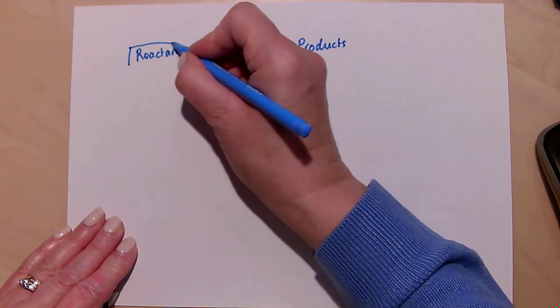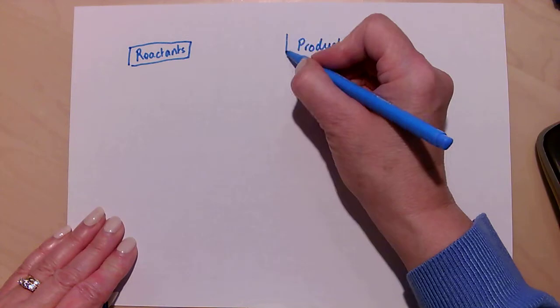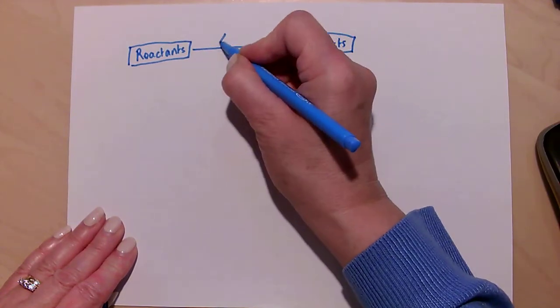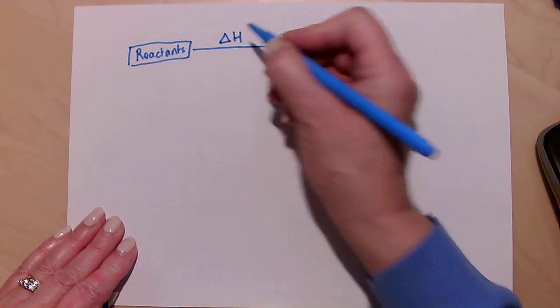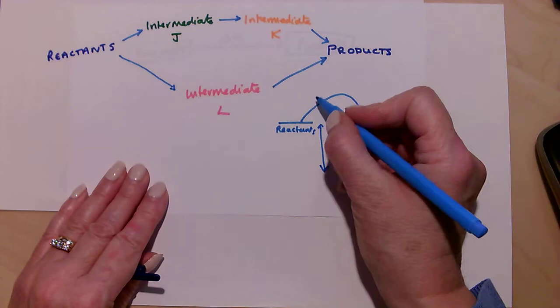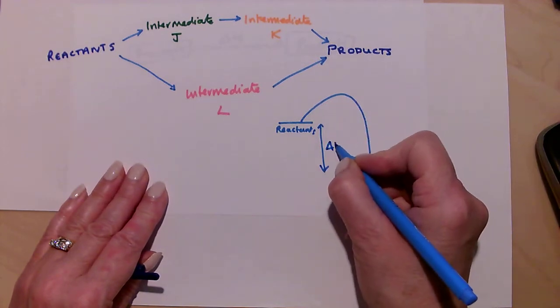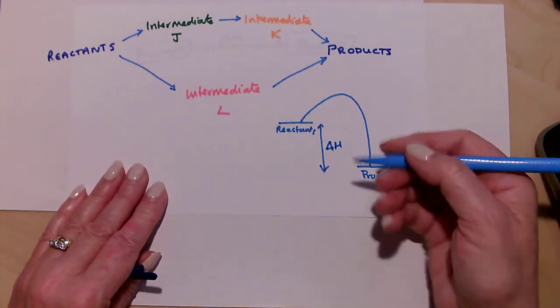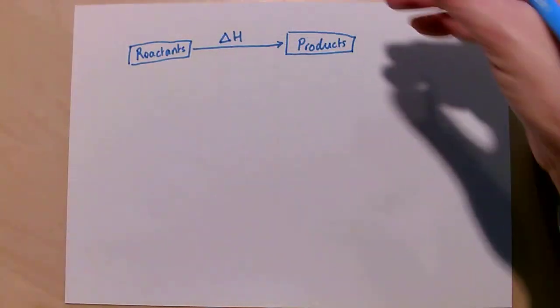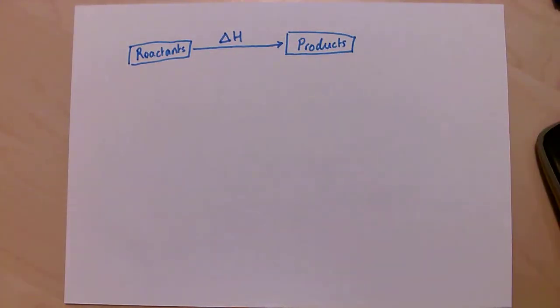Now they can get from reactants to products, and they have an overall enthalpy change, just like we saw at this point here. So this is the overall enthalpy change, and in this case that would be negative, but that's what we're looking at here. So our reactants go to the products.